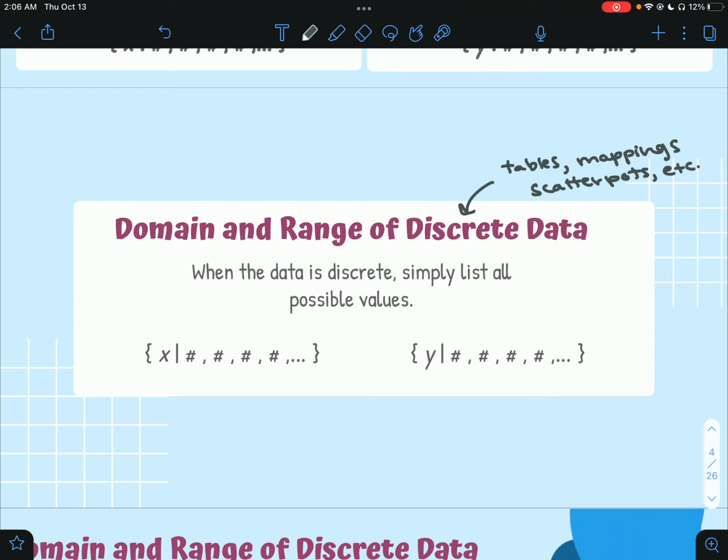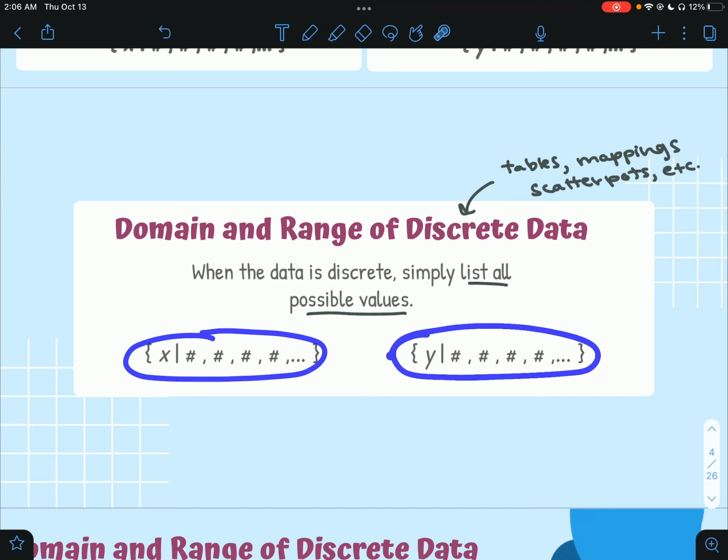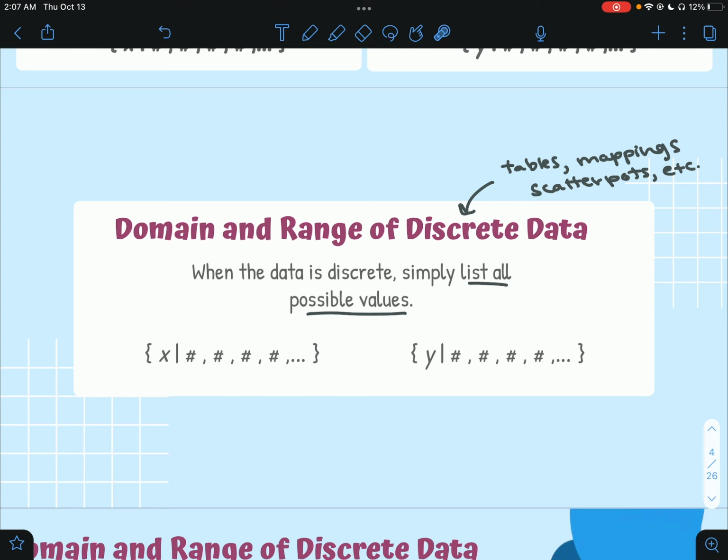We are just going to list all of our possible values. That's going to look something like these, where it's the variable you are defining followed by the list of numbers that it is equal to. Now, notice when you write those lists, we put them in curly brackets. That's just to show that it's a set together.